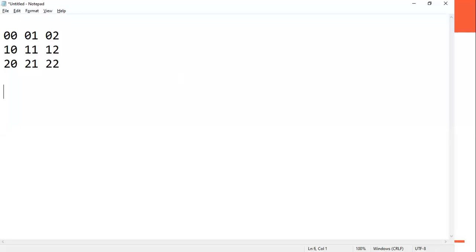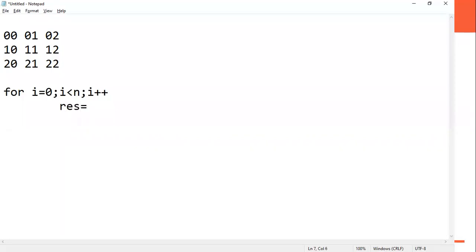Now I'll write the for loop like this. For i equal to 0, i less than n, i plus plus, where n is the size of the array. Now I'll write the third matrix, arr3. I need to add the sums.